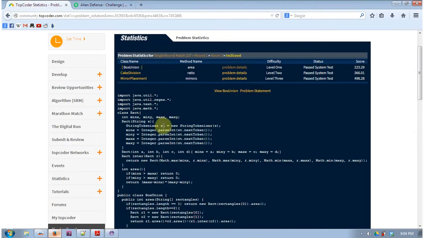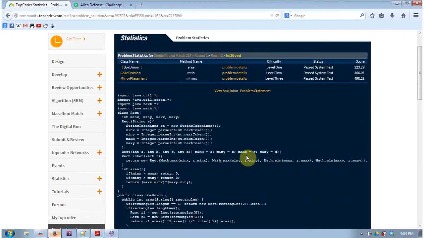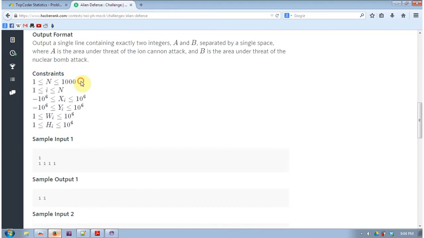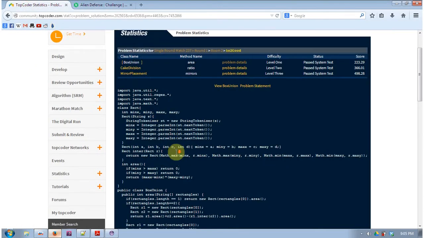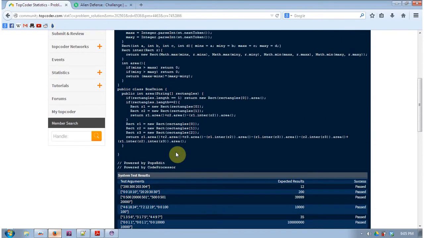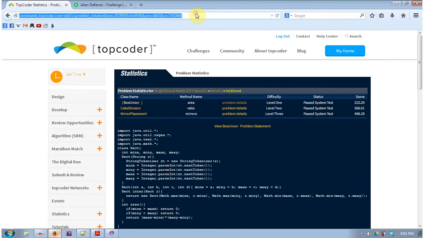Actually in TopCoder the test cases are pretty gentle. The maximum number of rectangles is just 3, but in our case the maximum number of rectangles is 1000. So if their test data is only up to 3 rectangles, you can do brute force by using set theory.